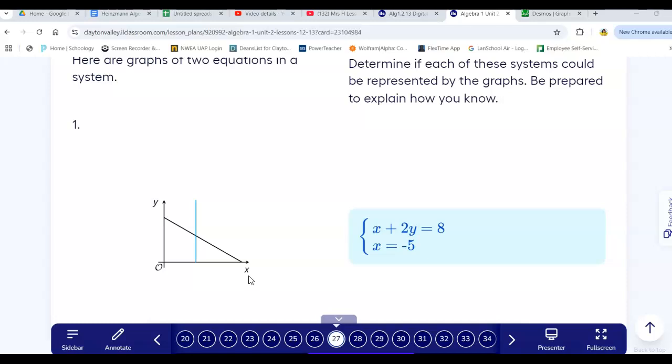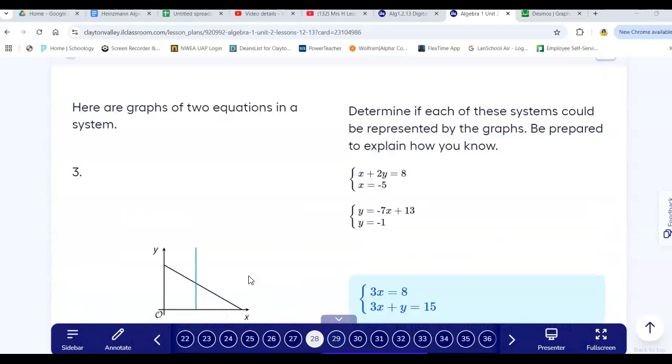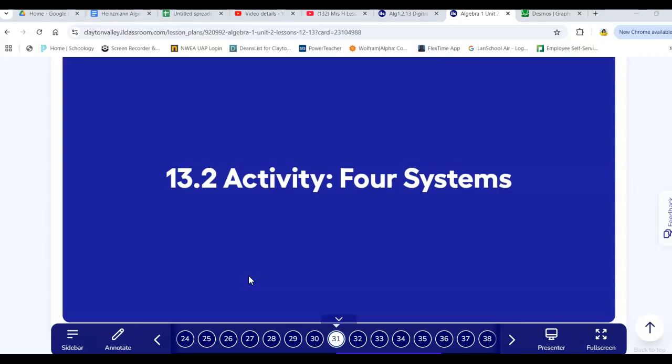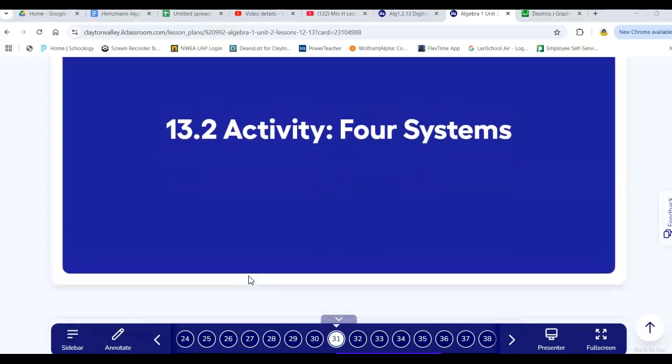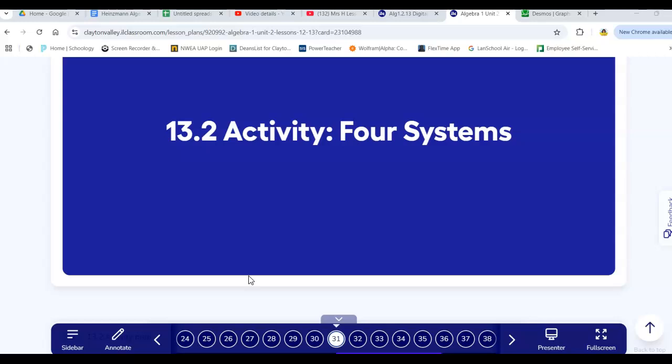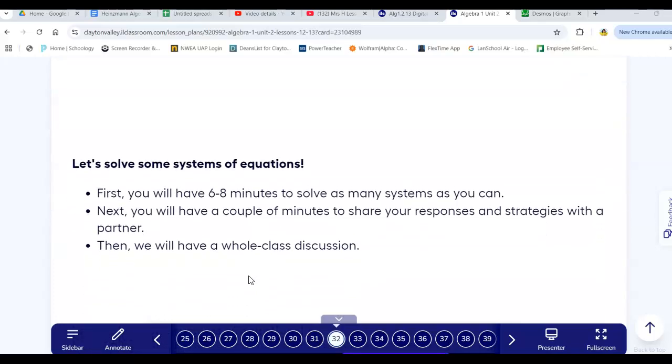There are several of them, so we're going to skip through this, and we're going to go to 13.2, the first big activity after the warm-up for lesson 13.